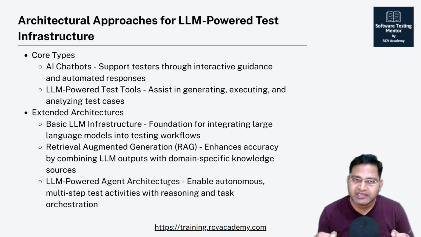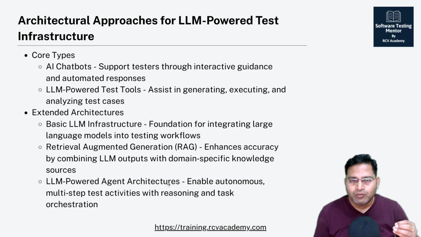So what these architectures do is enable autonomous multi-step test activities. Not only can it understand the plain English text that we are typing in the prompt, but, for example, if I have agentic AI capability like the Playwright MCP server, and I simply prompt in Microsoft Copilot to launch the Chrome browser and open google.com, it will go ahead, launch the browser and open the specific website in that browser.